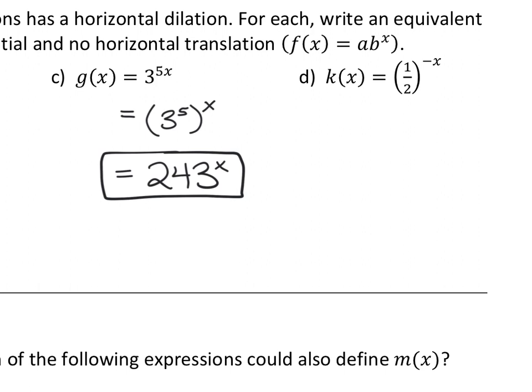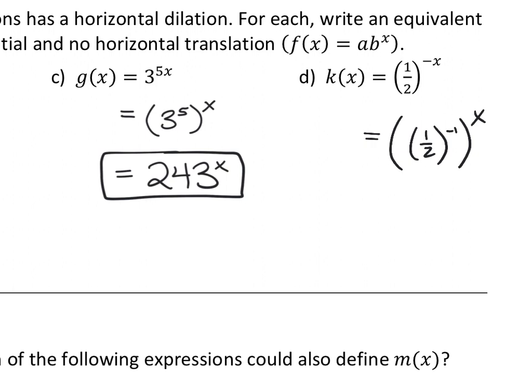This is the fourth one. For part D, if we rewrote this, undoing the power property, we would have 1/2 raised to the negative 1 power to the x power. That's a whole lot of gross, so let's fix this.